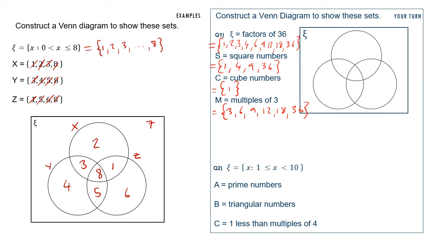Label our sets. Again, doesn't matter which way around we do this, as long as the elements go in the right place. So 1 is square and cube. 2 goes outside.